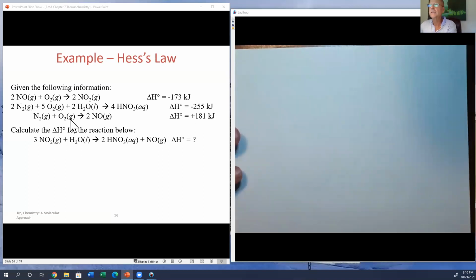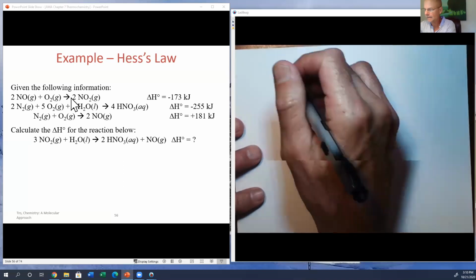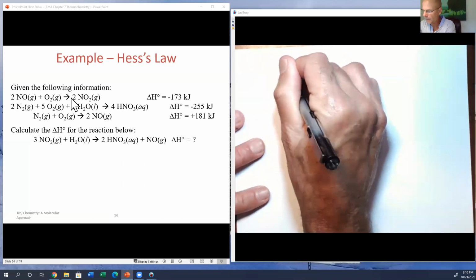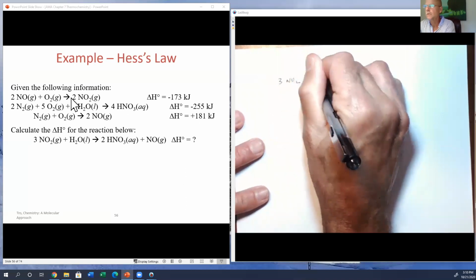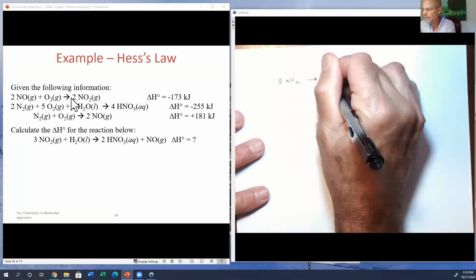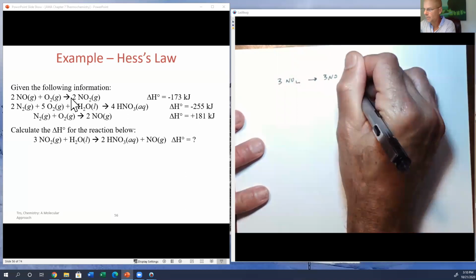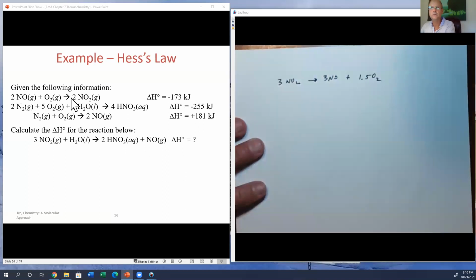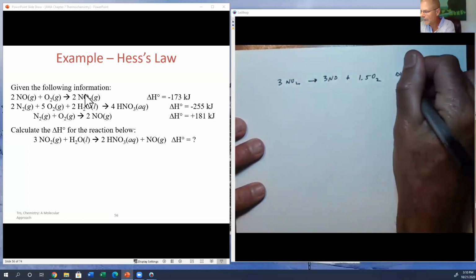So what I'm going to do is take this first reaction, write it backwards, and multiply by 1.5. So that's going to be 3 NO2 goes to 3 NO plus 1.5 O2. Again, I've taken this reaction, written it backwards, and multiplied it by 1.5. So what do I have to do to delta H?